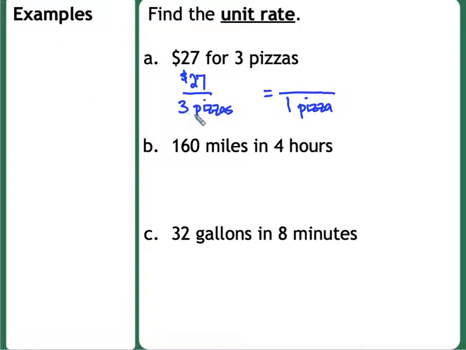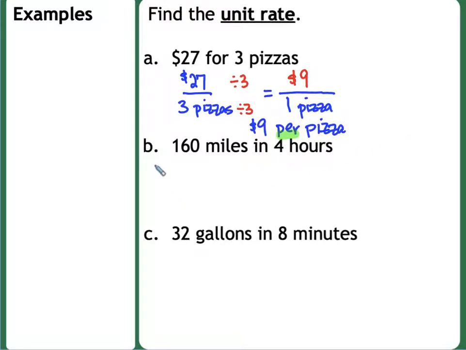So how do I go from 3 pizzas to 1 pizza? Well, I can divide by 3. So we are always going to divide by the denominator. So whatever I do to the bottom, I have to do to the top. And 27 divided by 3 is $9. All right, to write my final answer, now I'm going to use that word per. So it's $9 per pizza.